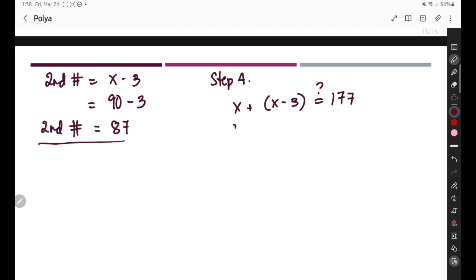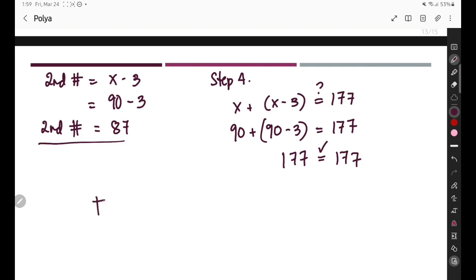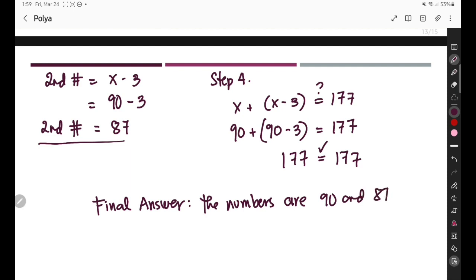So you have 90 plus 90 minus 3 is 177. 177 is equal to 177. Okay, so final answer. The numbers are 90 and 87. Ta-da!